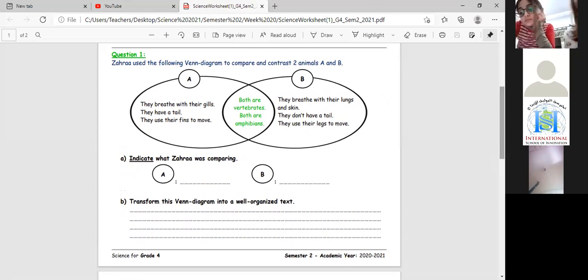Animal B breathes with its lungs and skin, doesn't have a tail, and uses its legs to move. But remember that both are vertebrates and both are amphibians. Animal A is what?